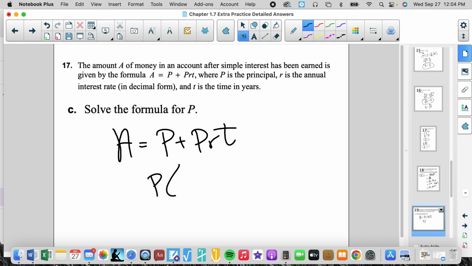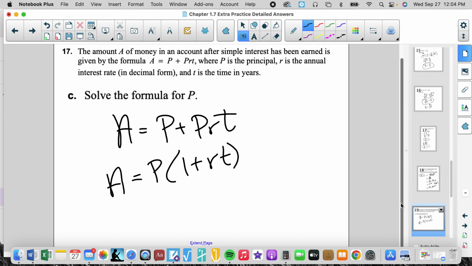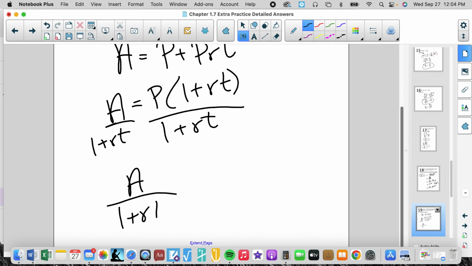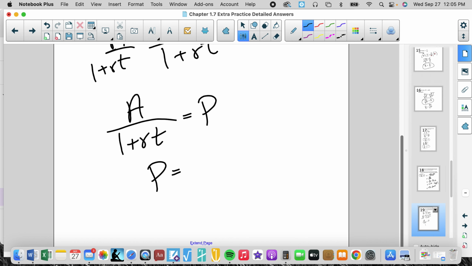If we factor P from P, we're left with 1 plus RT, so A equals P times (1 plus RT). Now we've been able to consolidate those P's. We're going to divide by 1 plus RT on both sides, and we get A over (1 plus RT) equals the principal.